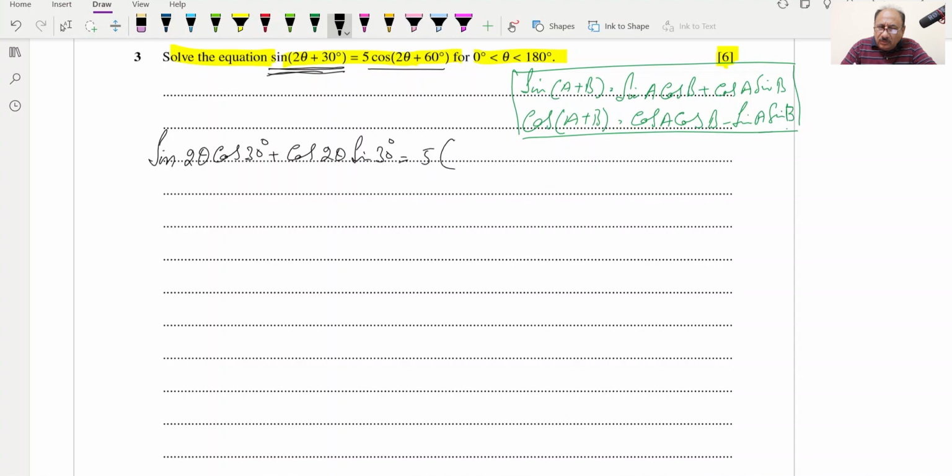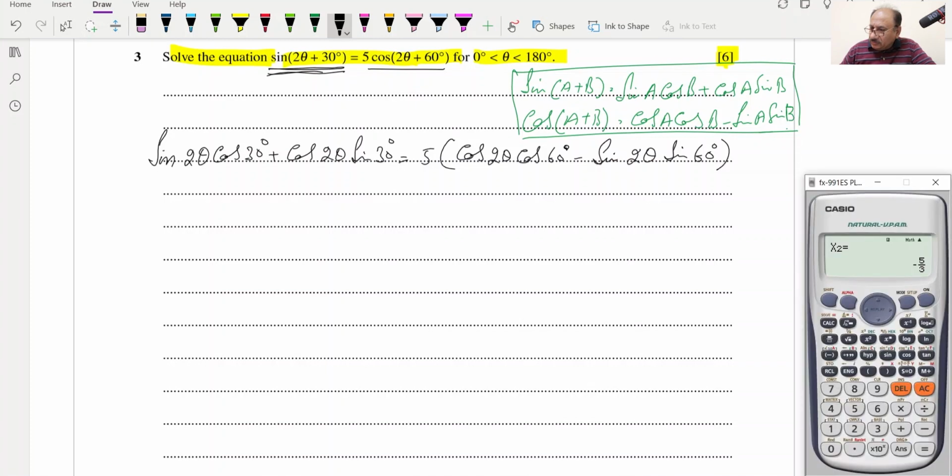So cos of 2 theta cos of 60 degree minus sine of 2 theta and sine of 60 degree. This will be after application of these two formulas, and we know cos of 30 degree is what?